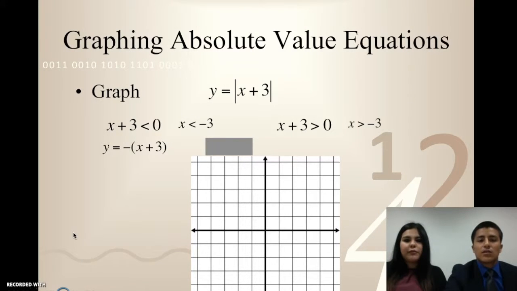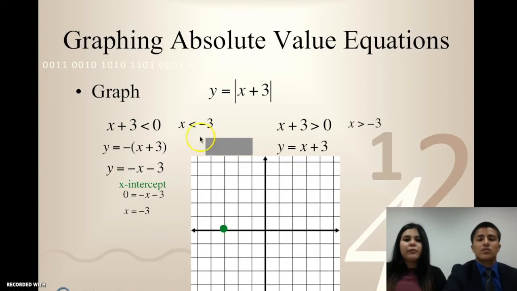So then, because this equation on the left will be negative, for any value less than negative 3, we want to add a negative sign in front of the equation. And then we get a new equation, y is equal to negative x minus 3. Because this one is positive, we don't change the equation at all, so we just leave it as y is equal to x plus 3.